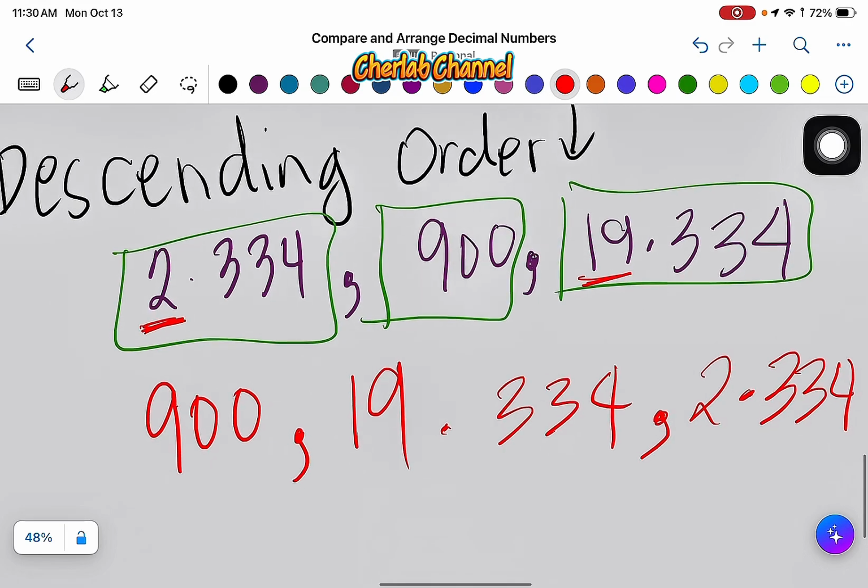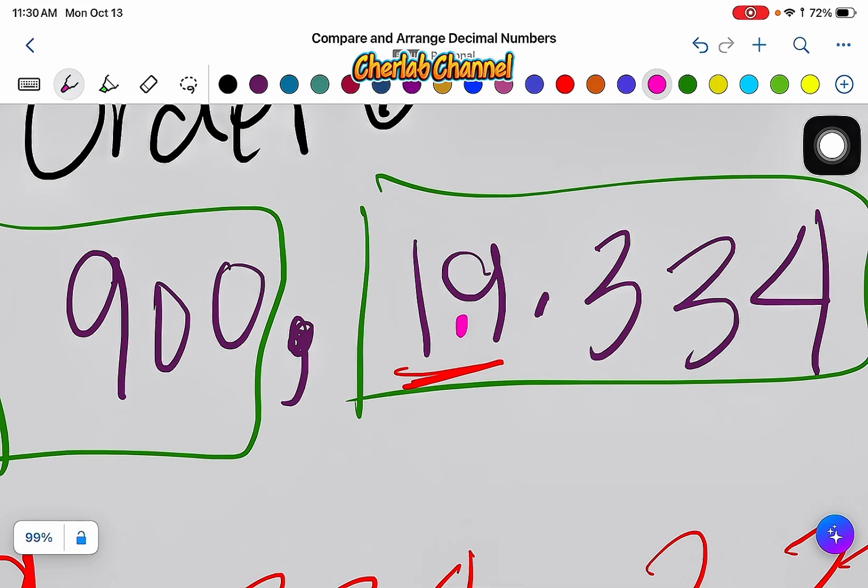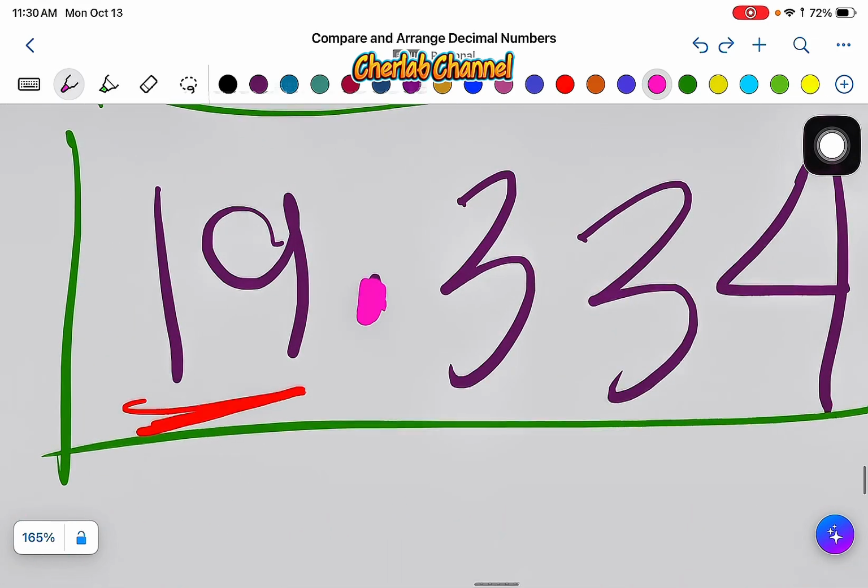2.334. Teacher, yung una pong number niya is si 1. Yes, but if we would read this number na may katabing 9, that would be 19. Because the decimal point ay wala sa katabi ni 1. Wala dito. Wala dito yung 1. Nandito. Okay, that means 19 siya in whole number. Diba?